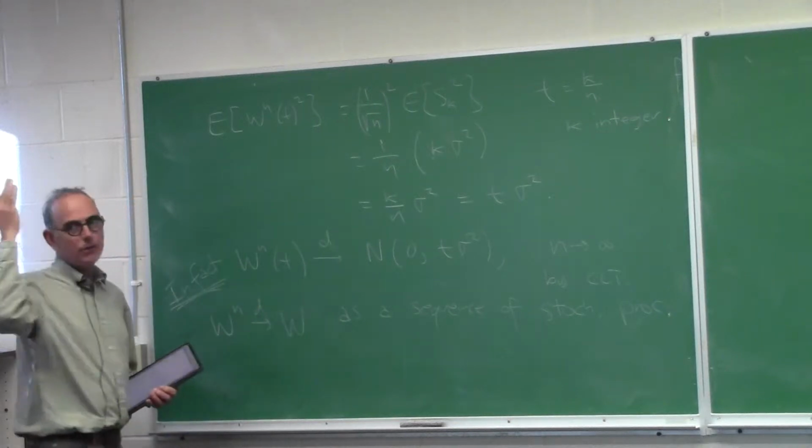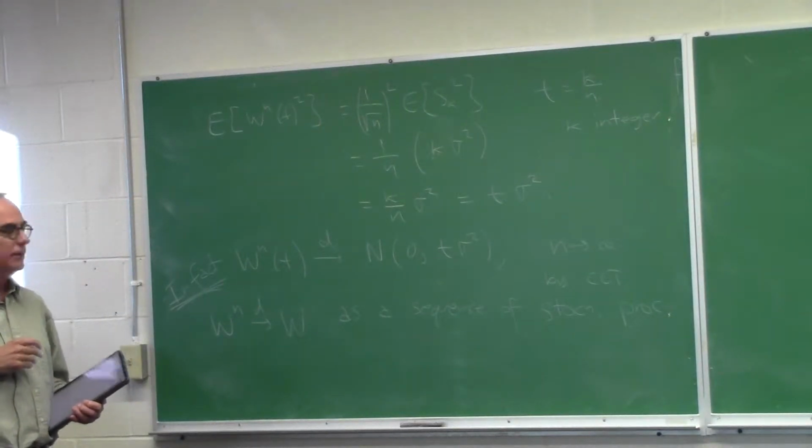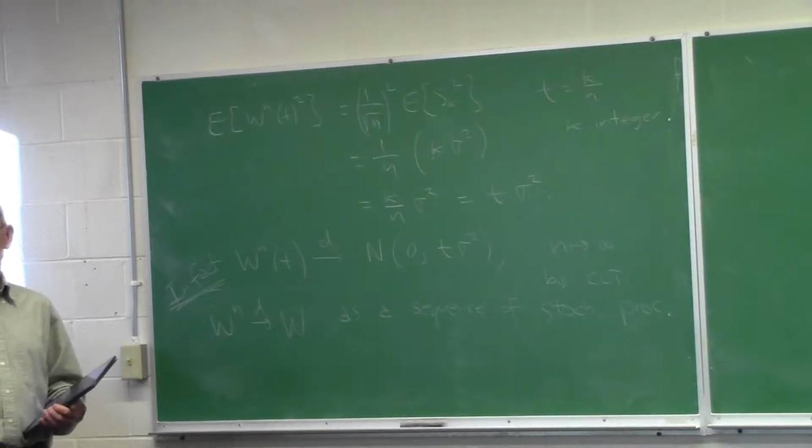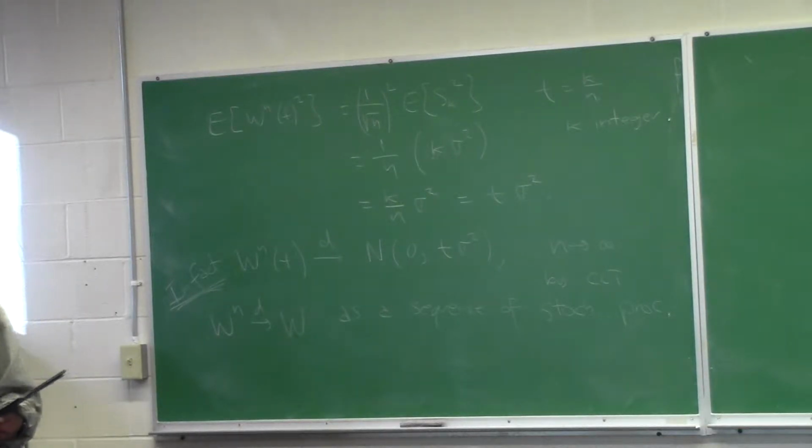I claim you just think a little bit, it's not that far from the CLT. But the fact that this converges in distribution of stochastic process, first you have to think, what on earth does Professor Mine mean by that? How would you define convergence in distribution of stochastic processes?